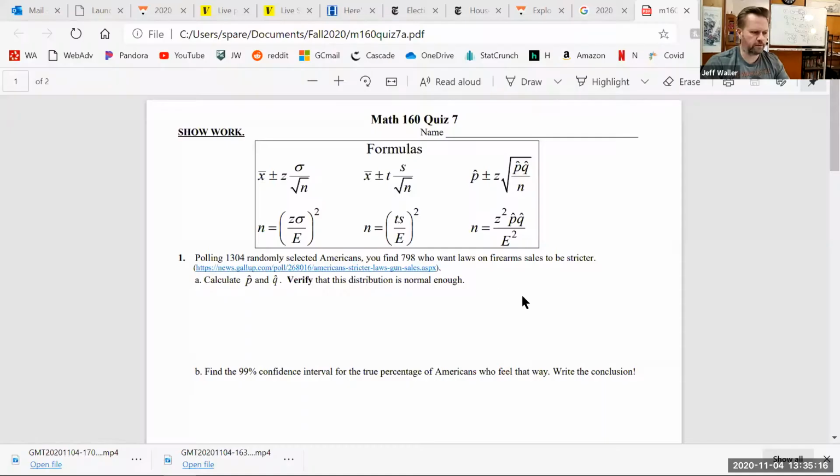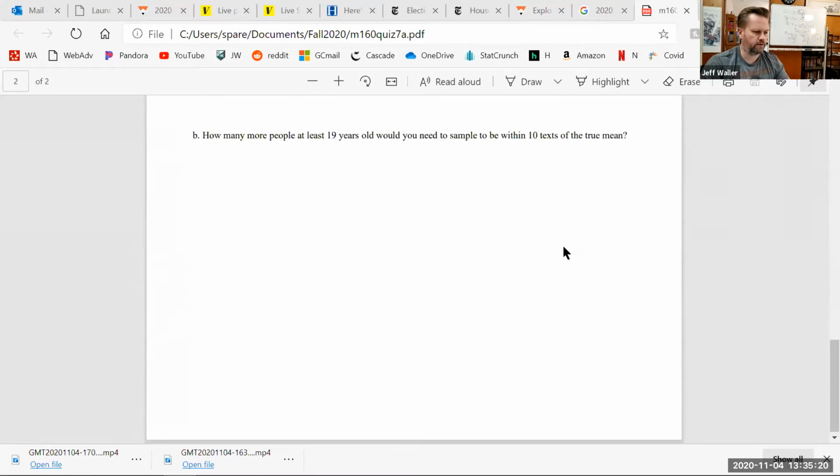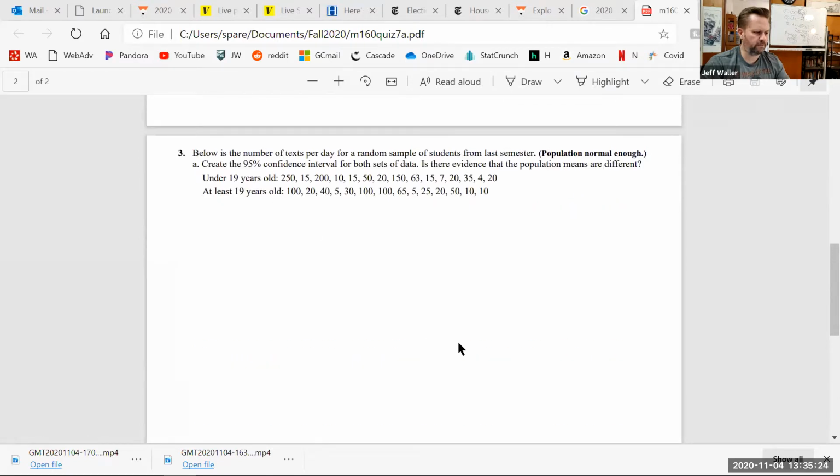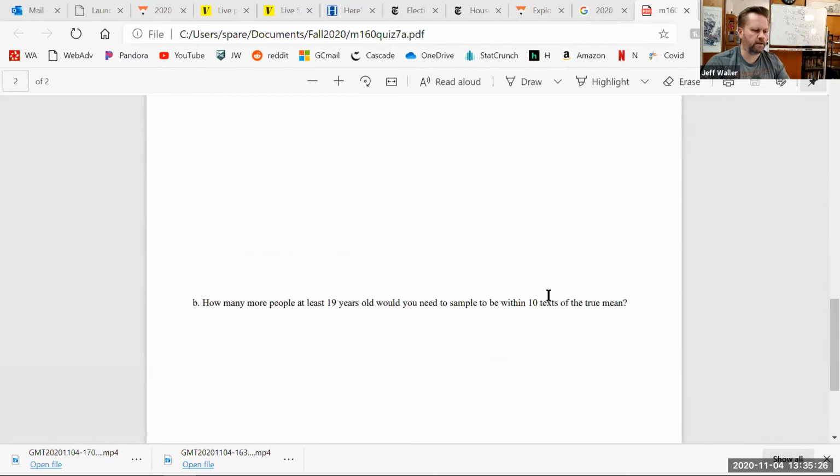Let me share this. Here's one version of the quiz, but everybody had the formula sheet up here. The problem says how many more people at least, or maybe some people said under 19 years. So 10 or 9 or 8 or whatever your number of texts were on 3B, that's your error, because within is the key word.